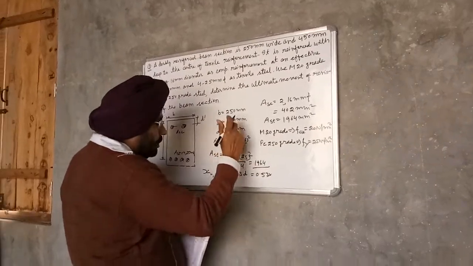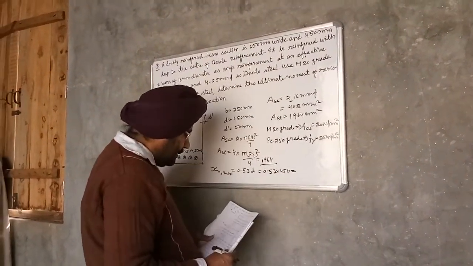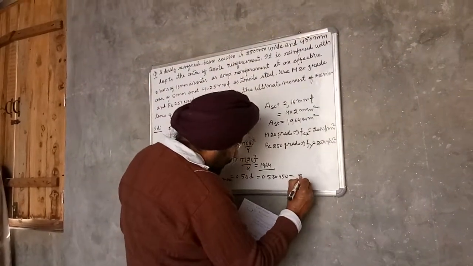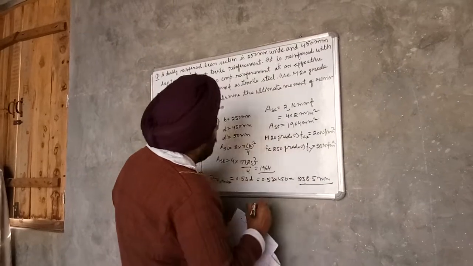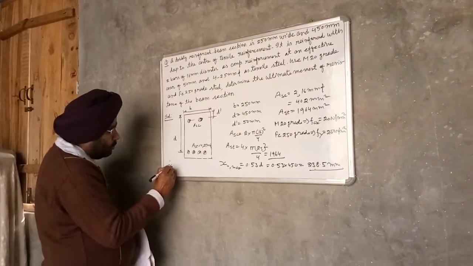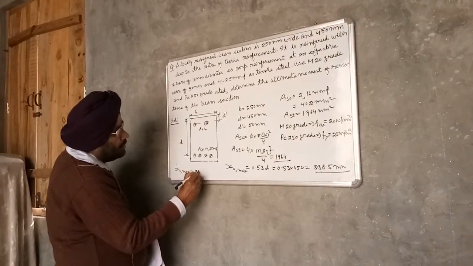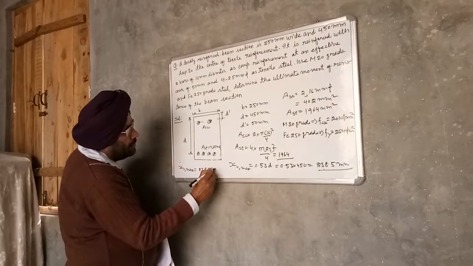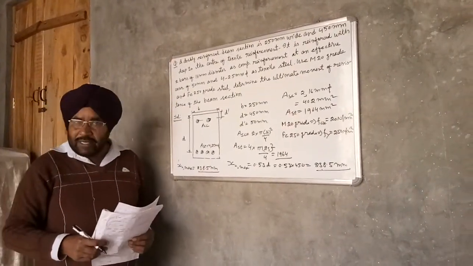The value of d is 450. So Xu max comes out to be 238.5 millimeter.